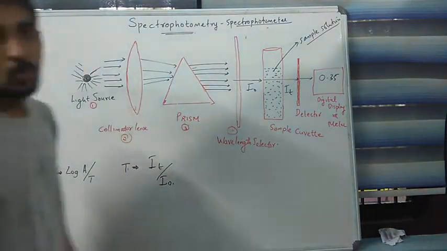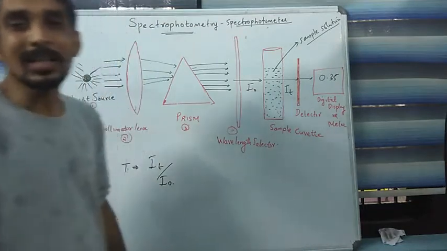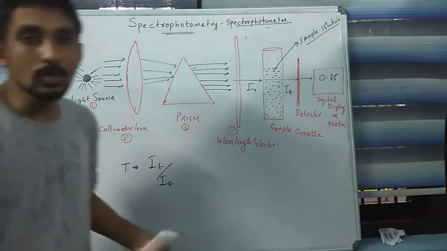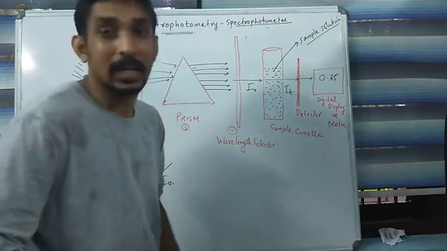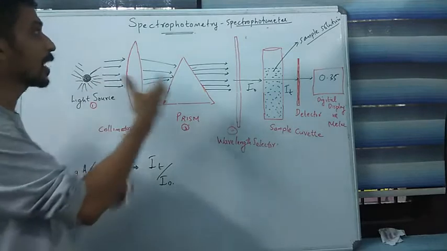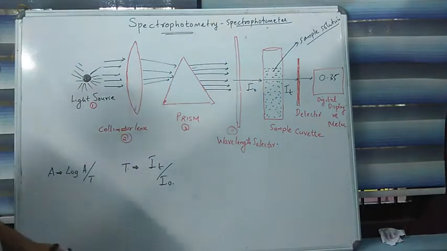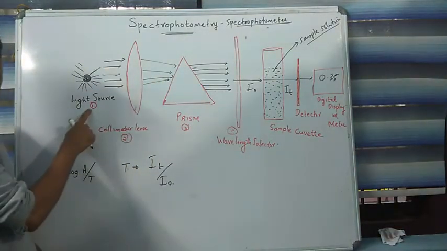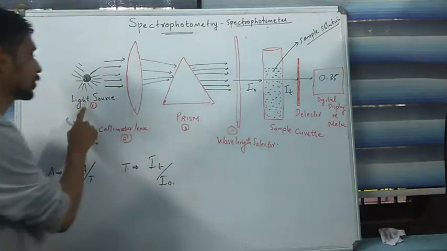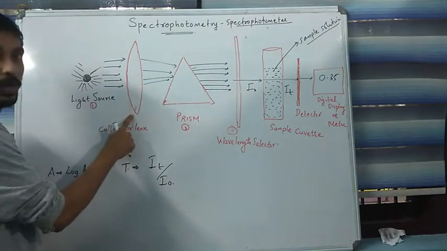Now let us study the different parts of the spectrophotometer and the basic mechanisms working behind it. First of all, you can see a light source. This is the first part of the spectrophotometer. The second part is the collimator lens.